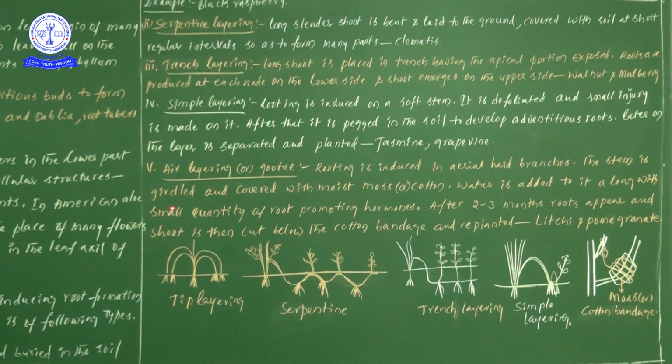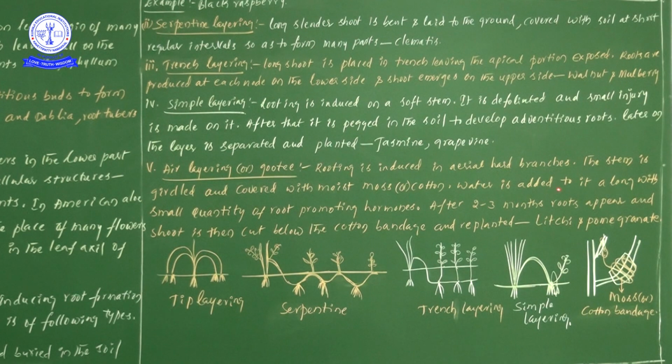So that is girdled and covered with moist moss or cotton. Where we have removed the outer layer, we will observe the white color part, and that part we are covering with moist moss or cotton. Later water is added to it along with a small quantity of root promoting hormones.